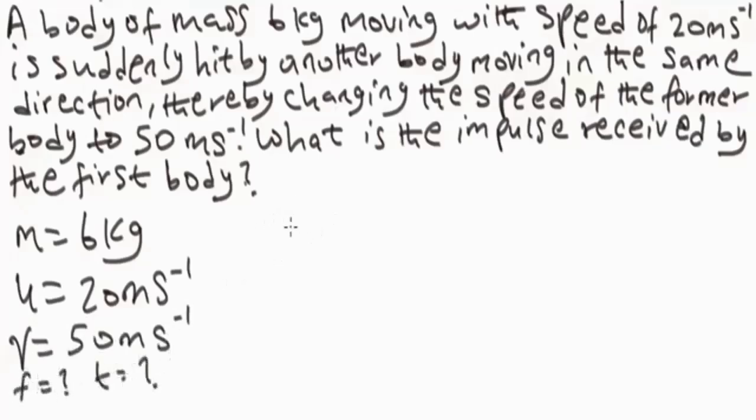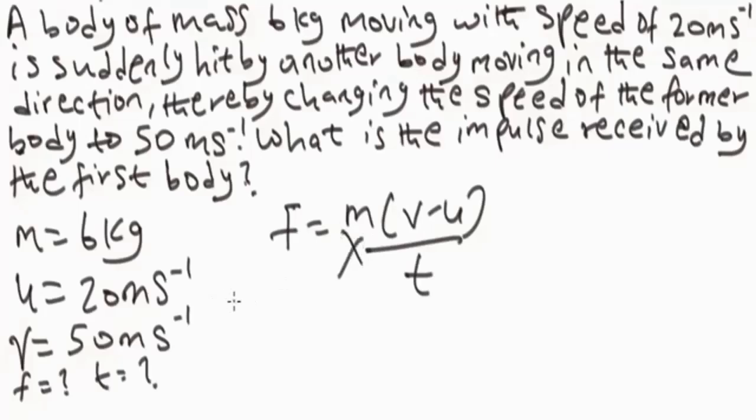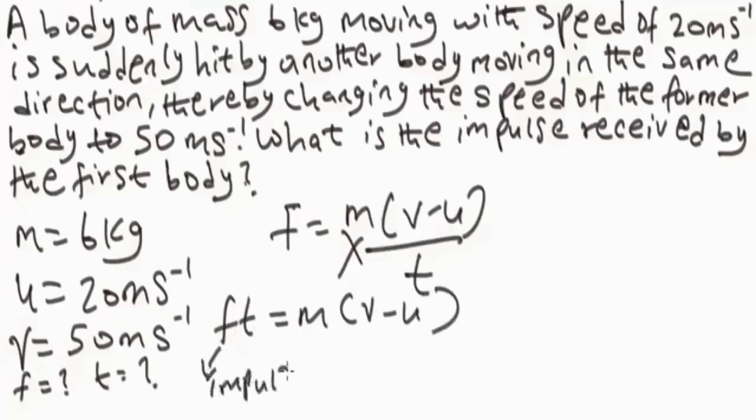So we are going to apply this formula under Newton's second law of motion. F equals change in momentum over t. So when we cross multiply, we have Ft equals change in momentum. Alright, we have Ft, this is our impulse, and this is the momentum.